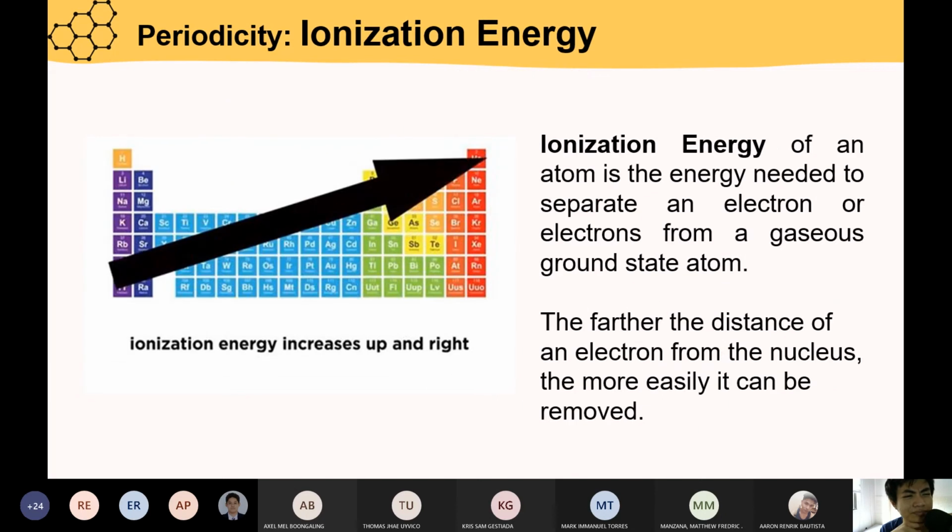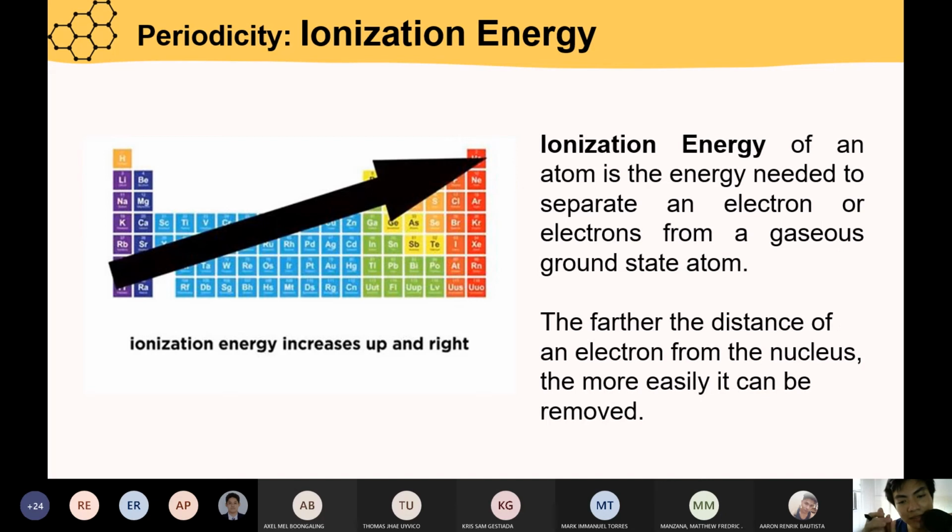Okay? Same thing with ionization energy. Ang ionization energy, ito yung energy that is needed to remove the electron from the atom. Okay? So it follows the same trend. The smaller the atom, the higher the ionization energy. Ano uli logic natin dyan? O ganun ulit, LDR na naman, no?